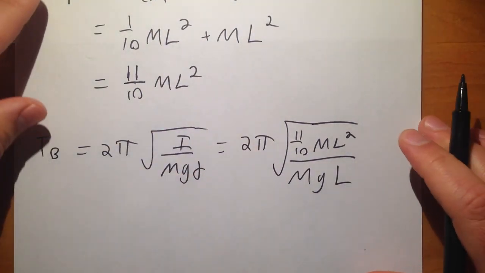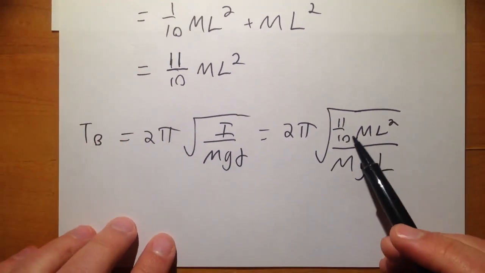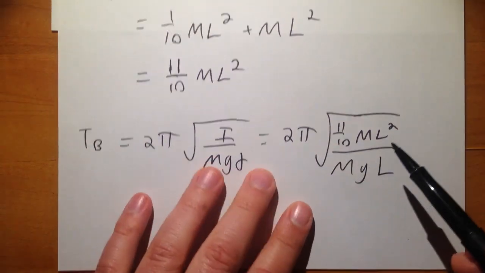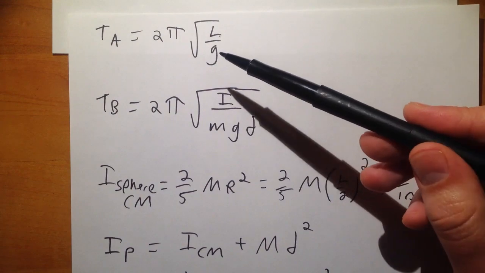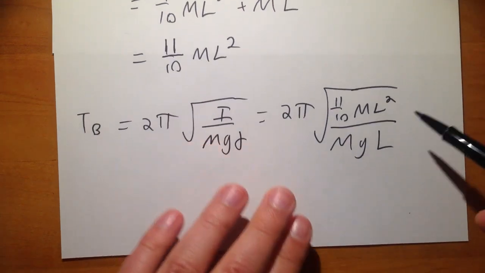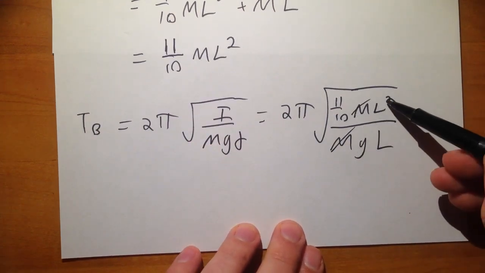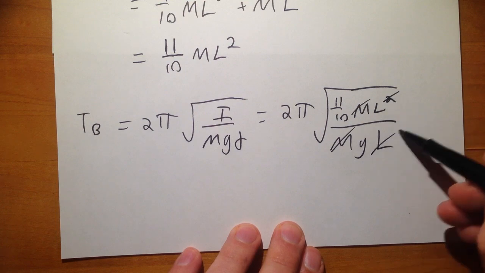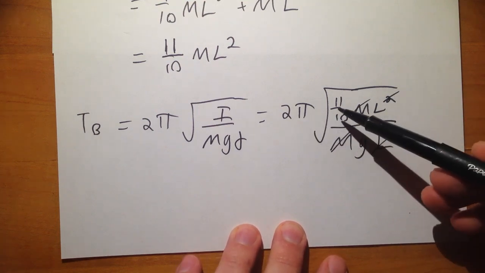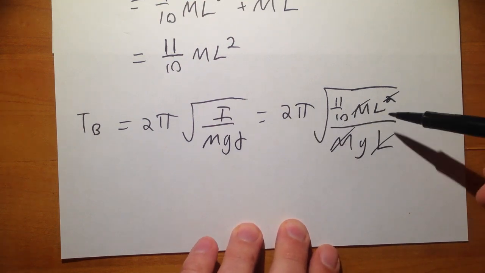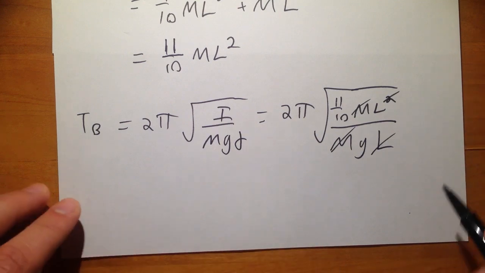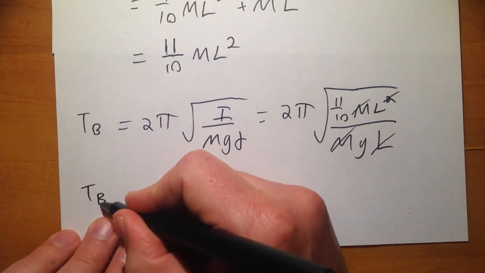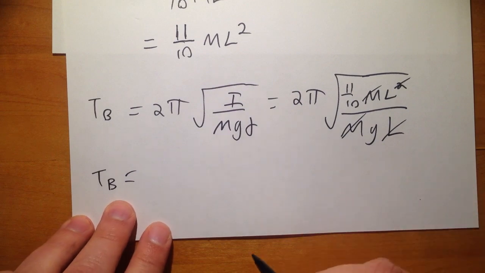Okay, so I need to solve this symbolically so that I can compare this period to the one for the simple pendulum. So let's try to do that. Our mass cancels, one term of L cancels, so I have 2 pi times the square root of 11 over 10 times the square root of L over g. So let's write that again, and I'm just going to rearrange in a little bit of a different way.